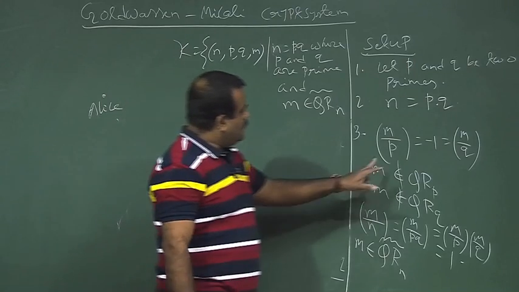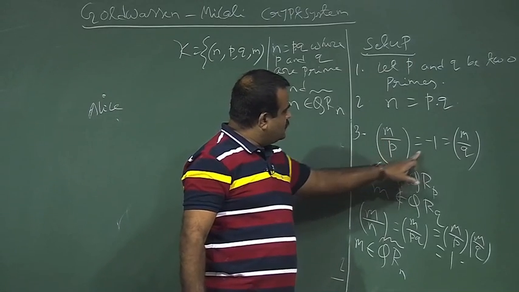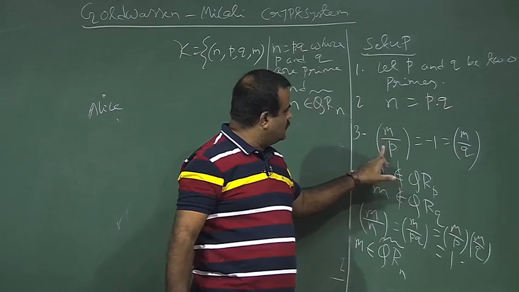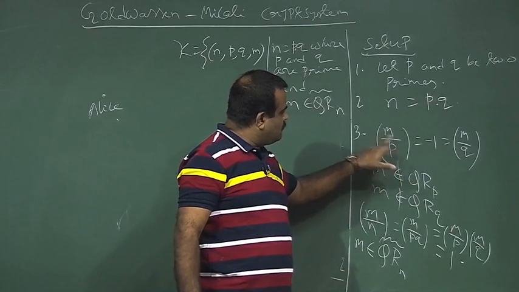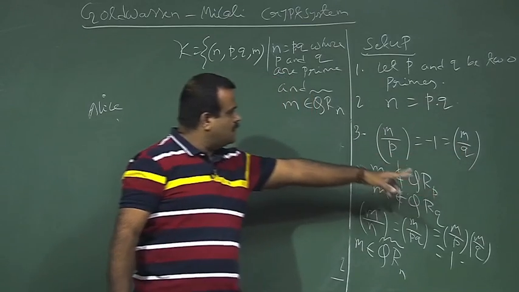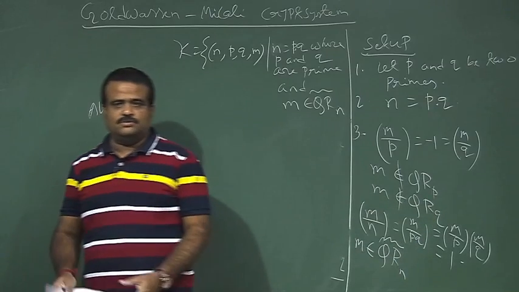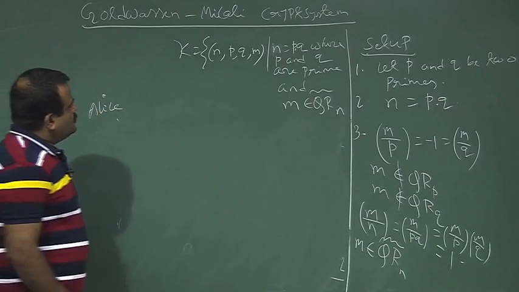That means m is chosen such that the Legendre symbol of m mod p is minus 1, and the Legendre symbol of m mod q is minus 1. Okay, so this is the key generation.